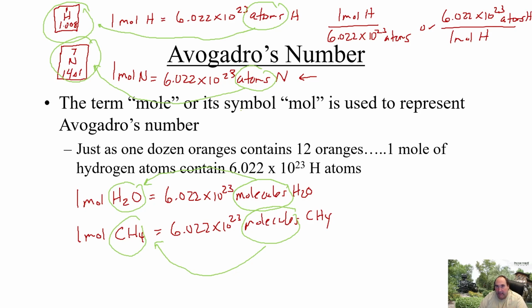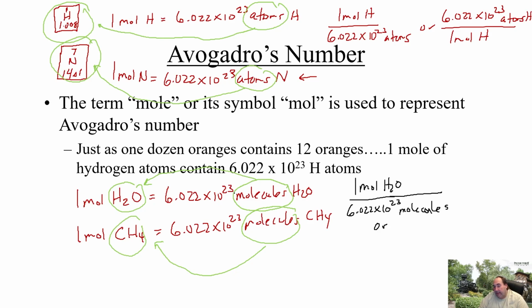Even using it as molecules, it works the same way. It is still really just a conversion factor where we can write two conversion factors. So for the water example, we could say in 1 mole of water, we have 6.022 times 10 to the 23 molecules of water.